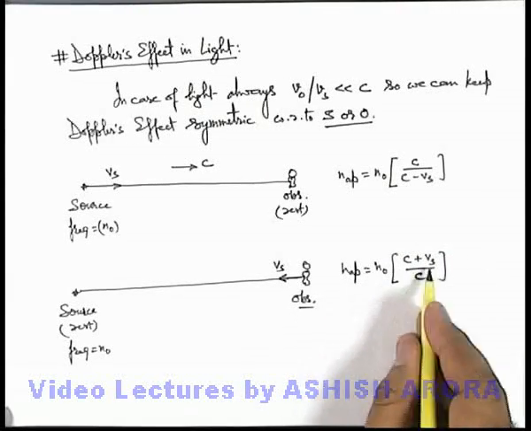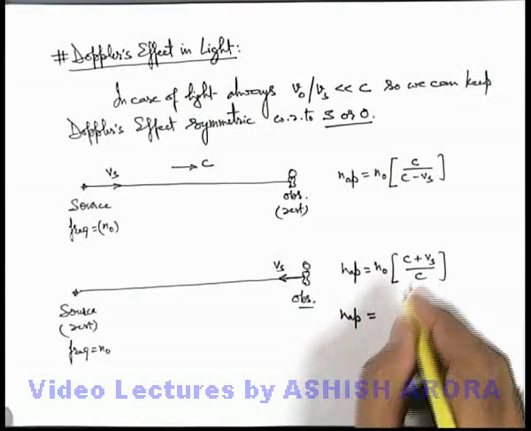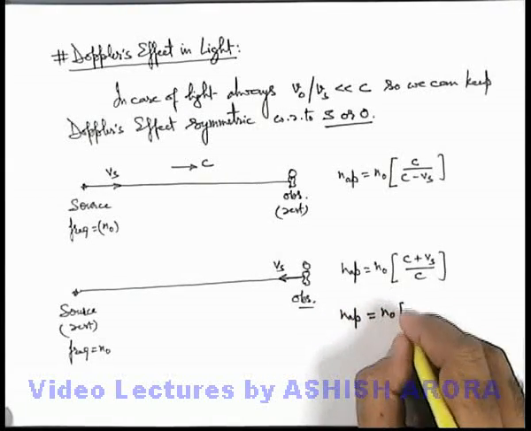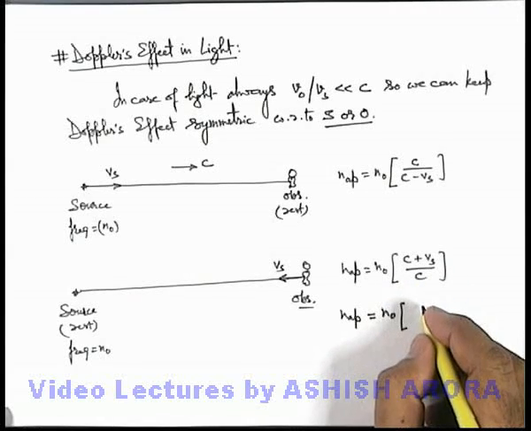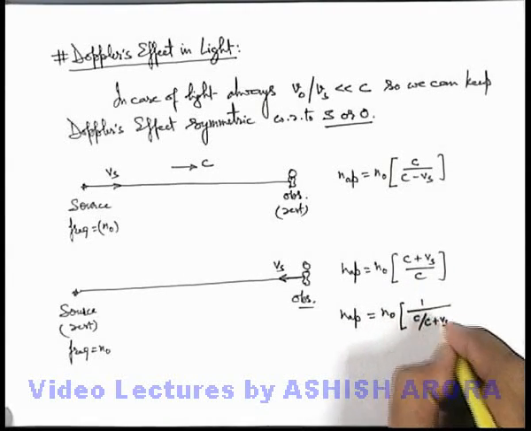We can rearrange this expression: n apparent equals n0 times 1 by c upon c plus Vs.